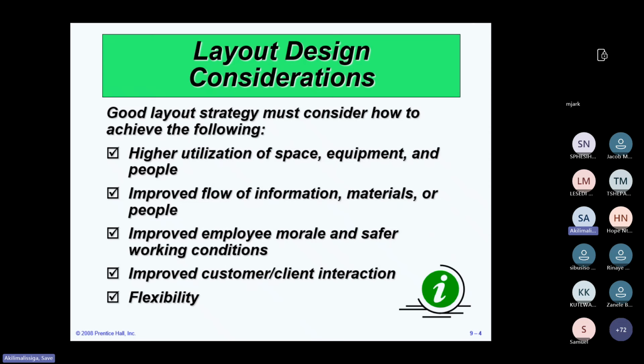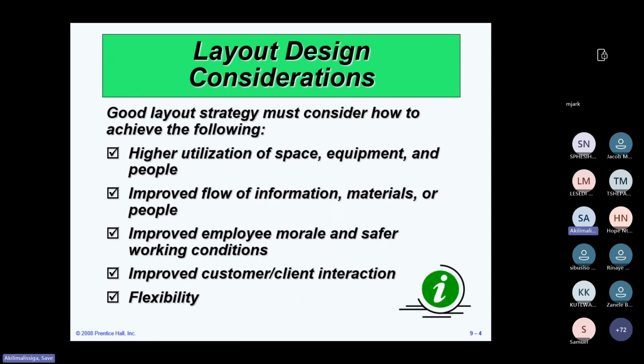So flexibility. Flexibility could be explained from different angles, right? But from an operations management perspective here, when we're talking about flexibility, it is the manner in which a work environment could be changed based on probably the company acquiring a new machine, right? Or also based on the fluctuation in demand, right?